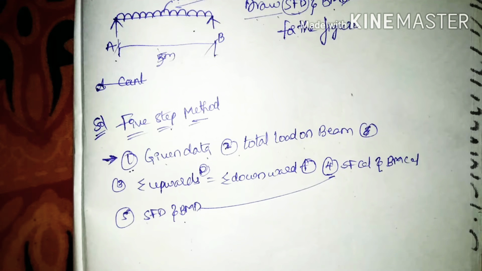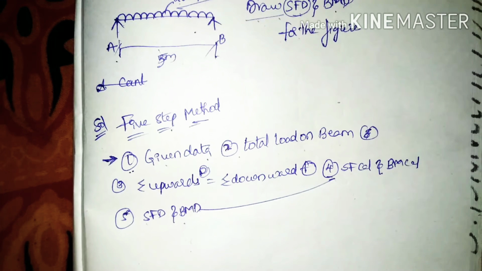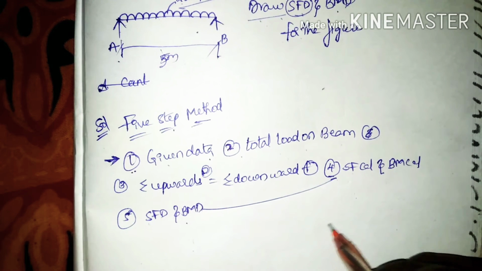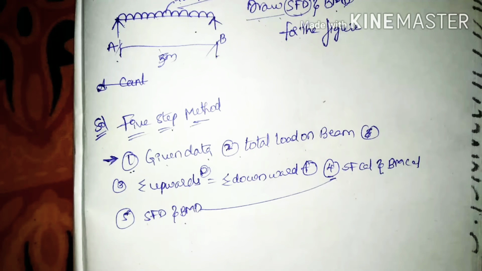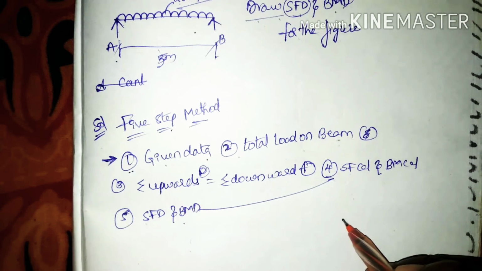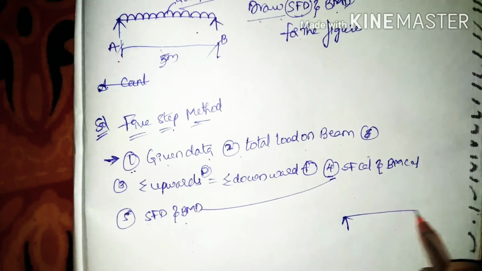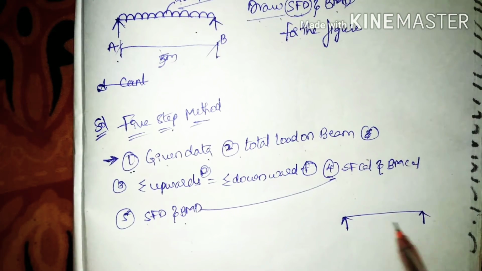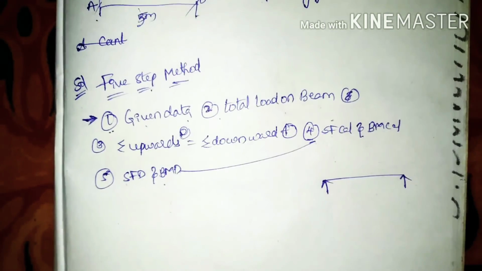Here we are having a UDL, that is, let us assume that it is a train. There is a train which has to pass the bridge which is having the water flow.